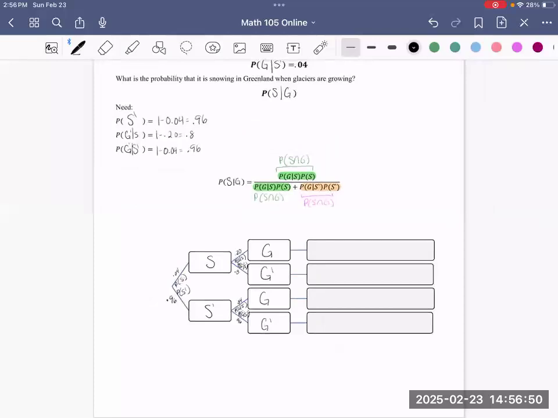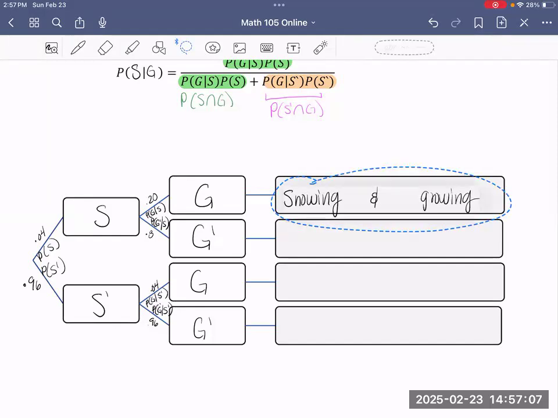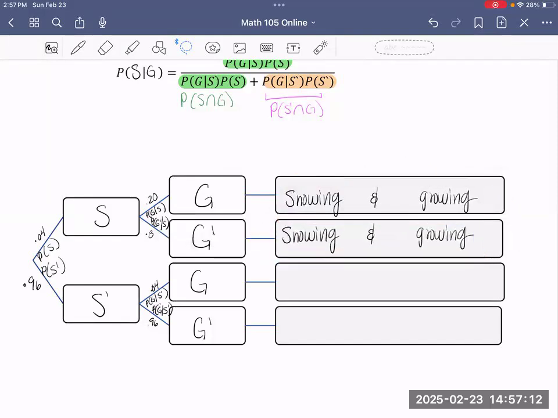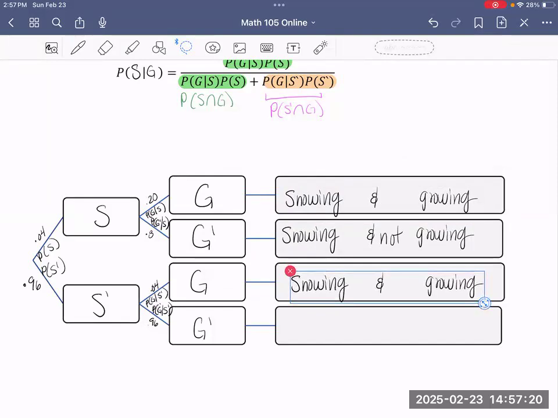So what are your end results? Well, if we're following your steps, at the very end, it's snowing and growing. It's snowing and not growing at the very end. Copy, paste. One more time, this one is not snowing but it's still growing.